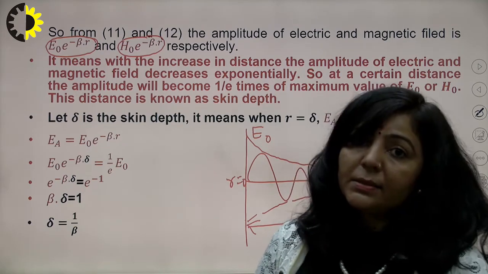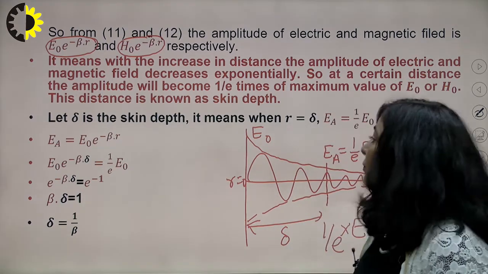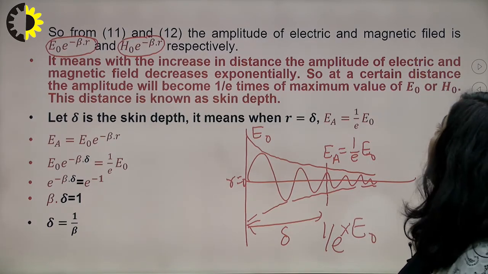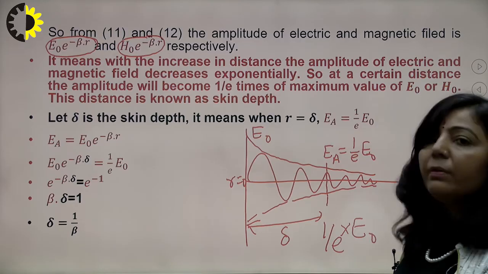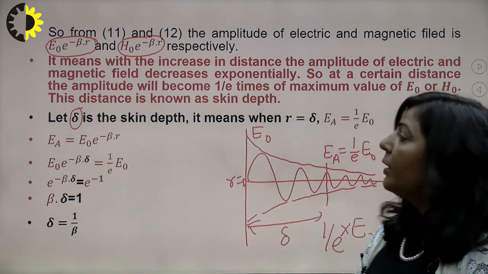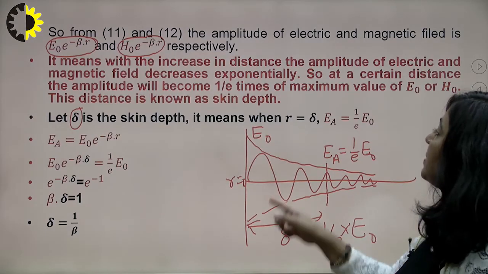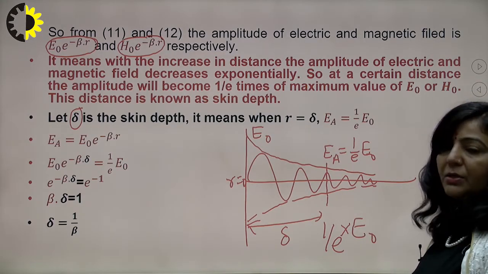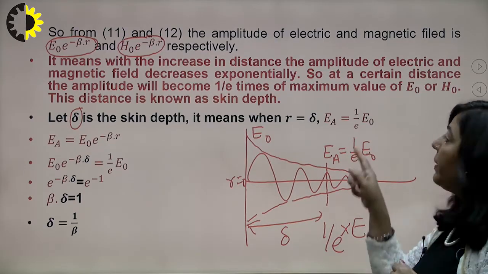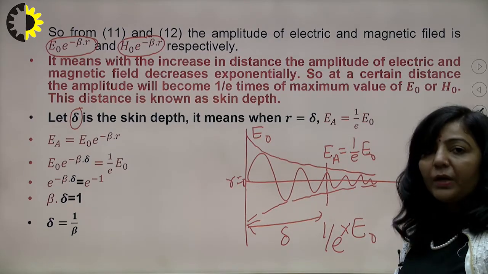And at a certain distance, that amplitude will become 1 upon e times the maximum value. That distance is known as skin depth, right? If you represent that skin depth with delta, then when r is delta, meaning when you reach the skin depth, this amplitude will be 1 upon e times E naught.